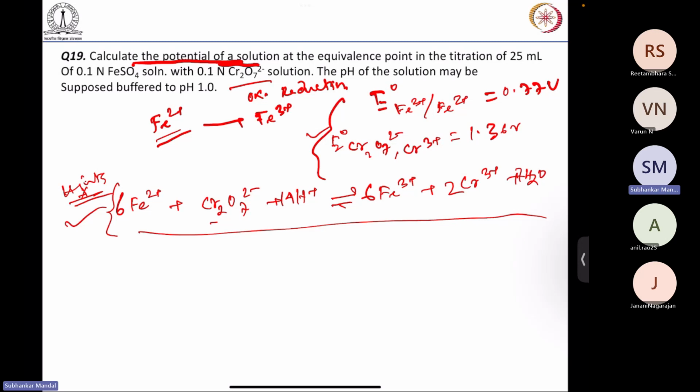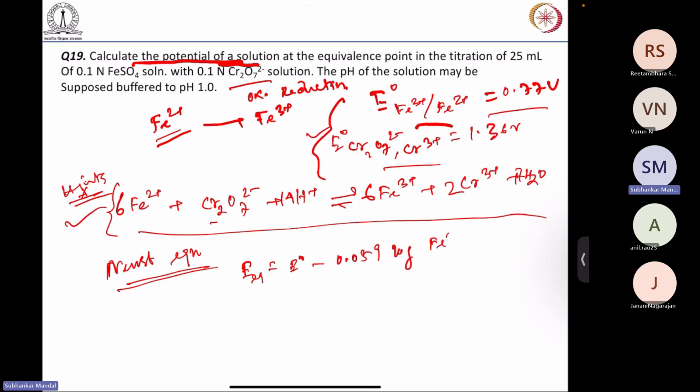Whatever you have to do, you apply the Nernst equation for these two, then combine the equations and you can get the answer. So for iron you can write the equilibrium potential: E naught minus 0.059 log of Fe2+ by Fe3+. So this is one equation.